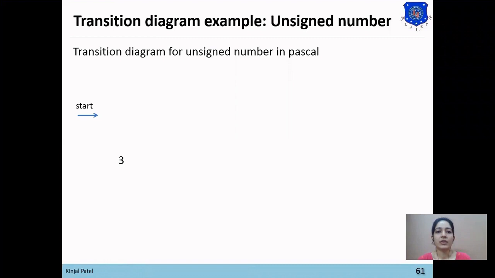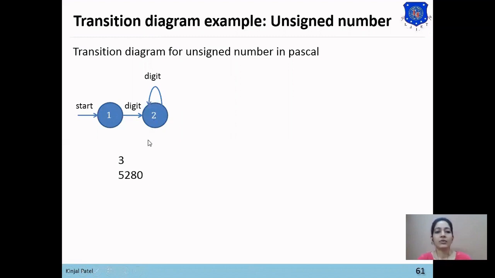So first we will draw the transition diagram for an integer, which will be like this: from 1 to 2 we can directly represent the digit. Now there can be more than one digit in a number, so we can represent that with a self loop for more than one digit. So here state 2 represents the integer number.